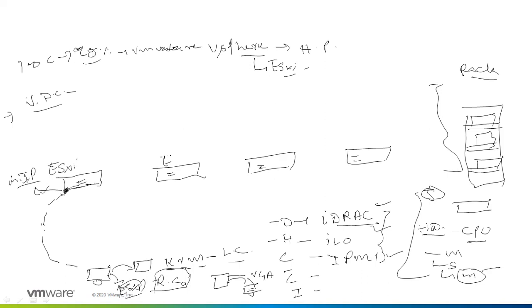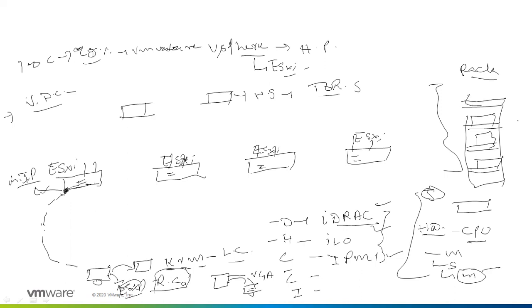So this is ESXi, this is another host, this is another host, this is another host. And definitely we have to connect them with a network fabric as well as a storage fabric. For the level of connectivity, we use at least two physical network ports to connect with the top of rack switches, also called TOR switches.